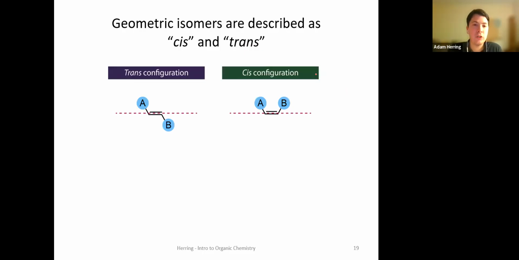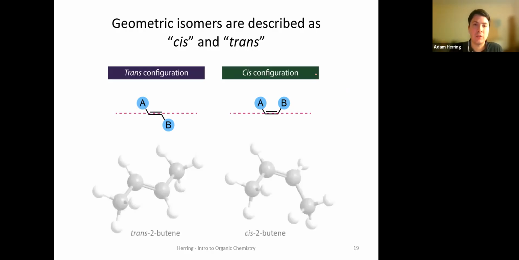So as we saw earlier, one way to test for there being a geometric isomer is to find a molecule with a double bond and to draw a line through that double bond along that carbon-carbon double bond axis. And then what you do is you look at the relationship between the groups attached to each of those carbons.